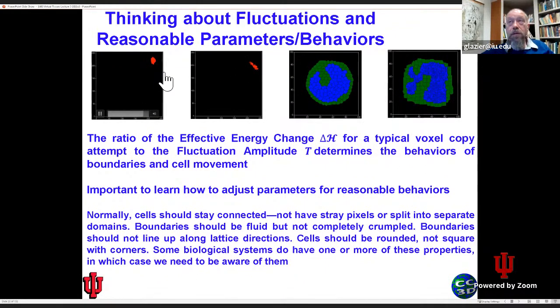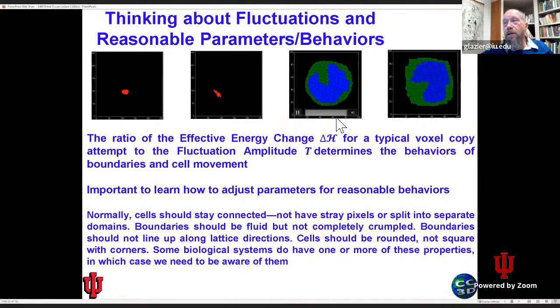Looking at that, I would say probably that cell is behaving in a reasonable way, depending on what I'm trying to model. On the one on the right, the cell is splitting up into separate domains. It's falling apart. It has a lot of isolated voxels. In that case, the fluctuations in my system are too big compared to the energy constraints that I have.